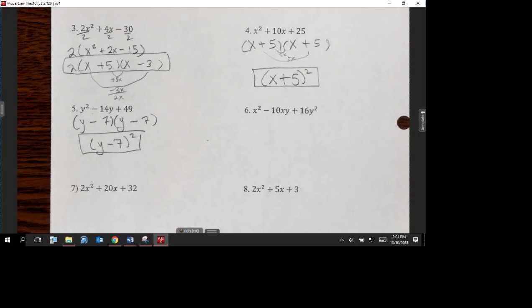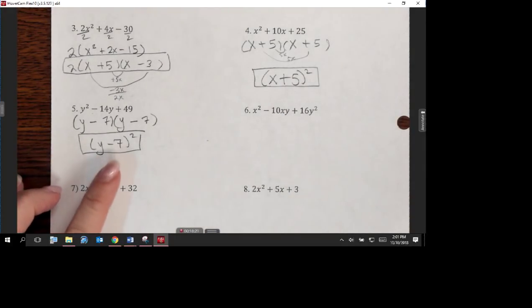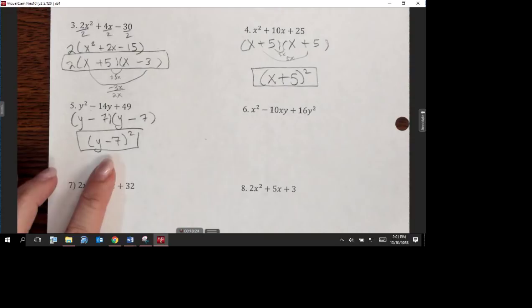A lot of you reached for your calculator for that one. So number 5, y minus 7, quantity squared.